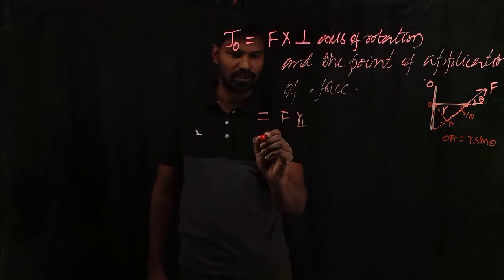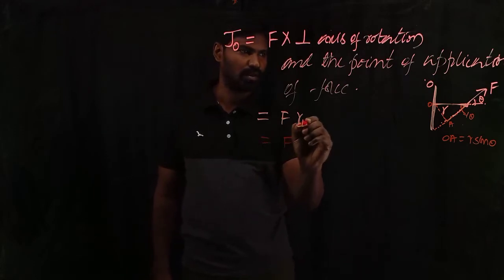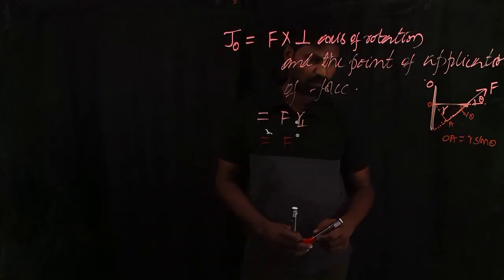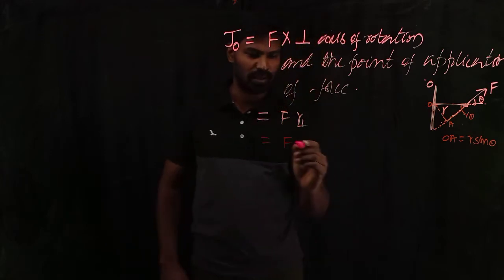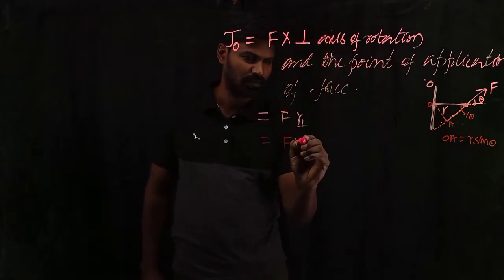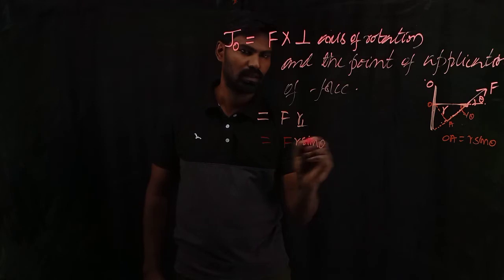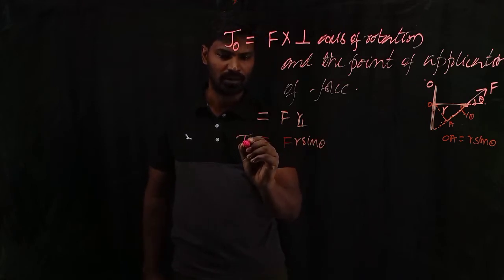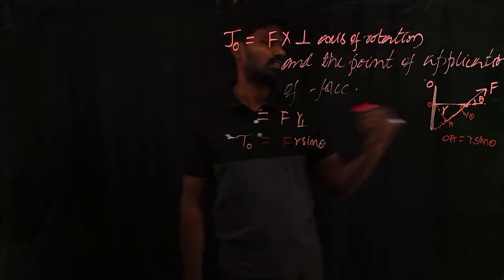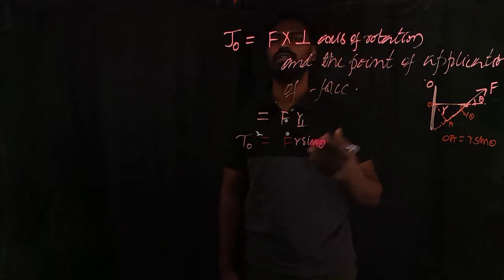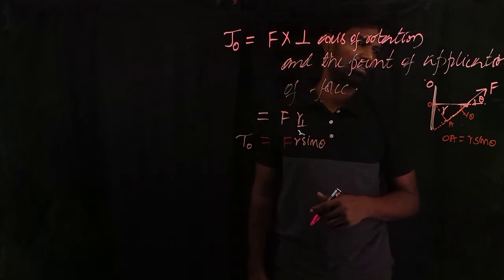So torque is equal to F into perpendicular distance, which we got as R sine theta. So F into R sine theta is the torque acting on the body about O. Alternatively, there is an intuition provoking method of writing it.